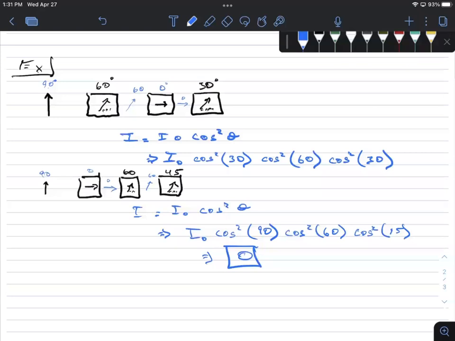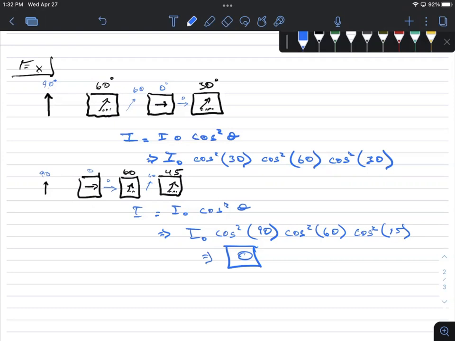Anytime you have light polarized perpendicular to a filter, no light will ever make it through. All of the light is always blocked. The only time you could get light making it through a filter is if it's polarized at some angle, any angle other than perpendicular, other than 90 degrees.